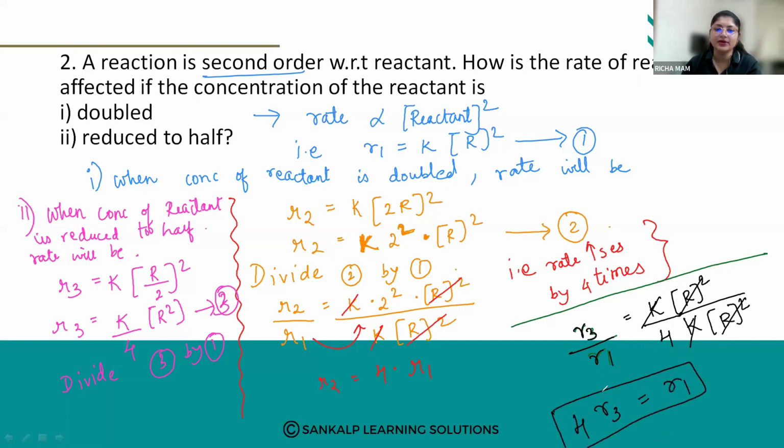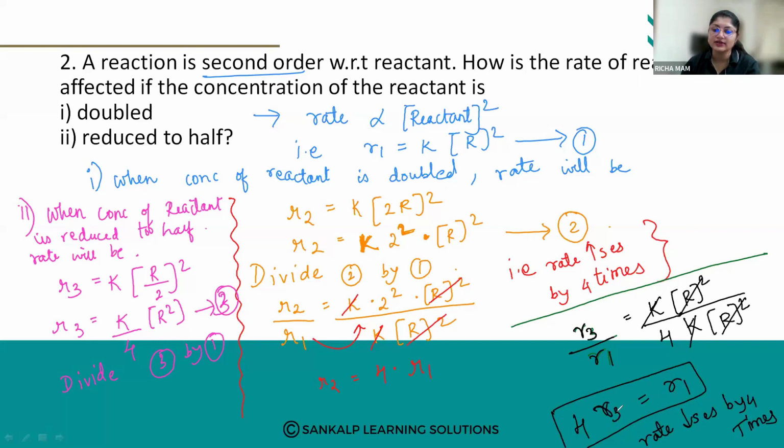Right. So what will happen to R3? It will decrease. So if the concentration of the reactant is reduced to half, then what will happen? The rate decreases by 4 times.